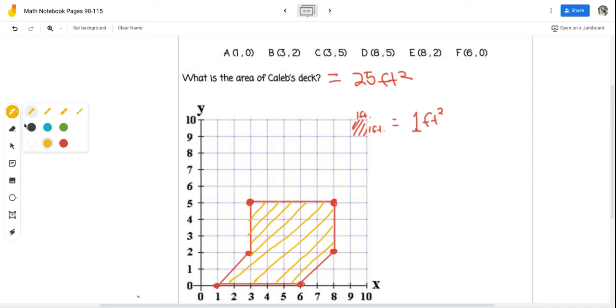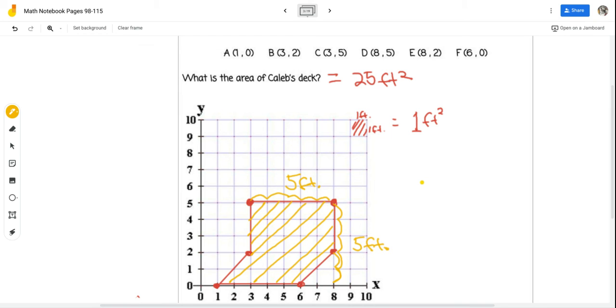Well, let's count this out. Let's see what this would be if I move that over. So that's 2 additional units. So we'd be looking at 1, 2, 3, 4, 5 feet times 1, 2, 3, 4, 5 feet.